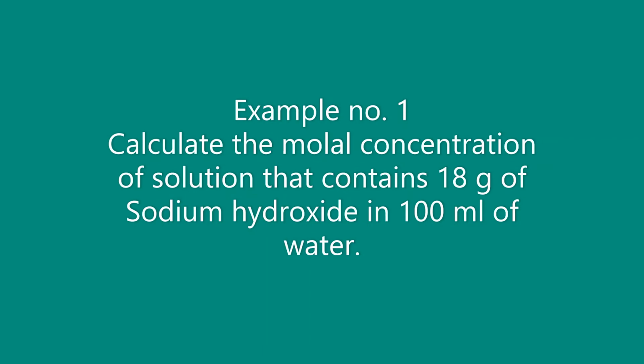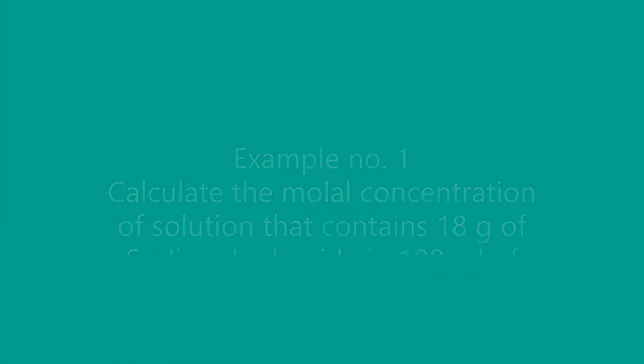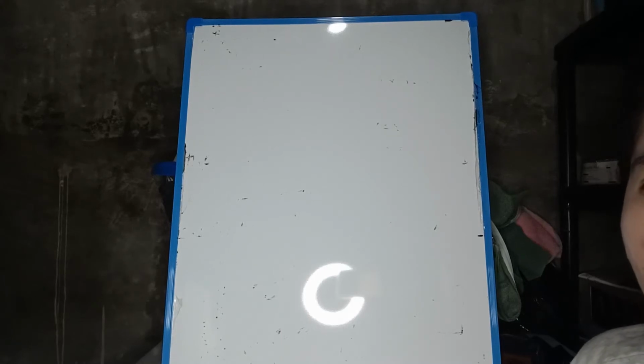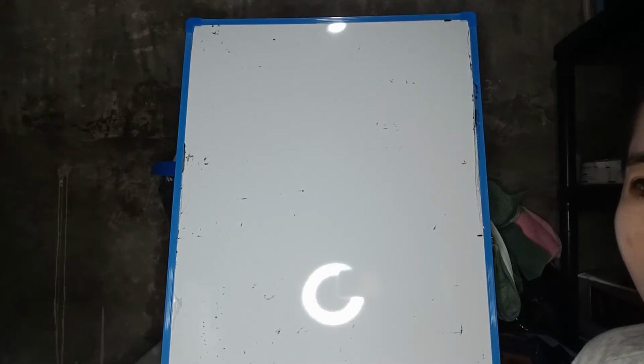Calculate the molal concentration of solution that contains 18 grams of sodium hydroxide in 100 ml of water. Aside from percent by mass and percent by volume and also mole fraction, we have also the molality and the molarity.